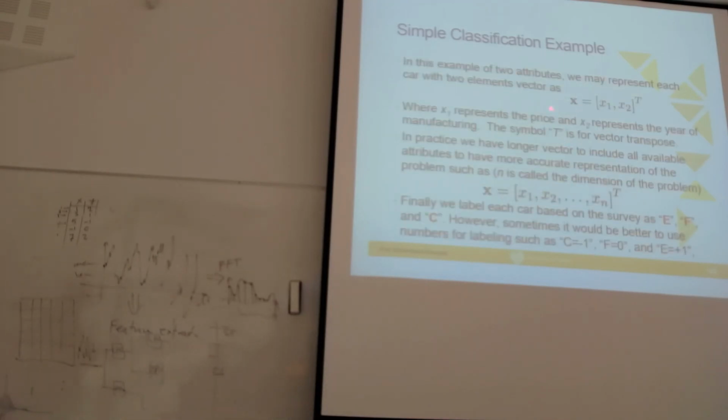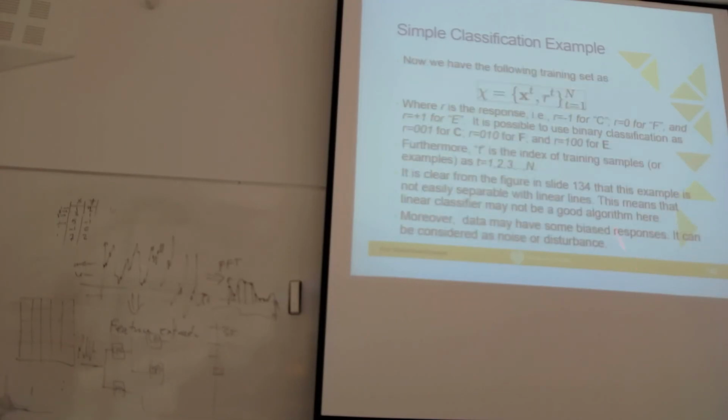So we have the inputs x1 and x2 in this example, or we might have more. Then we decide, for example, the output is expensive or fair or cheap, and we can put some labeling, like cheap is -1, fair is 0, and expensive is +1. Or you can also use binary coding.